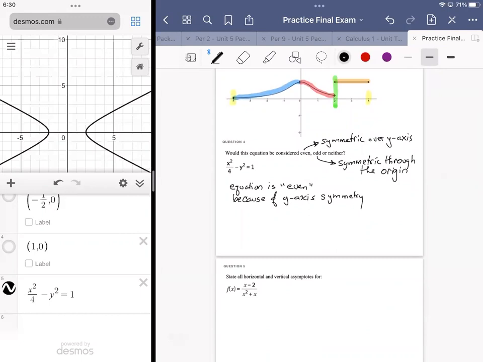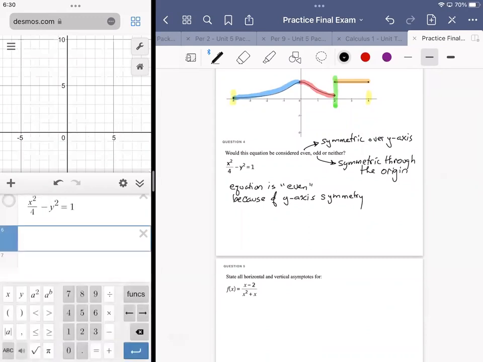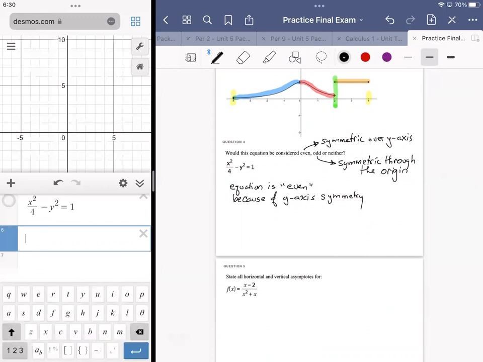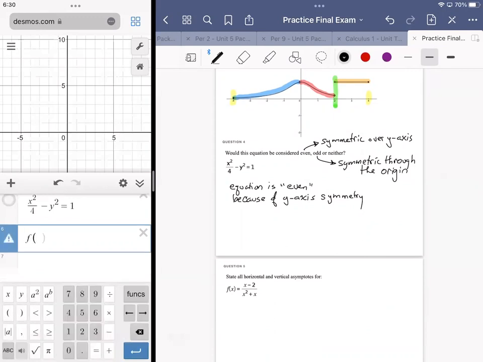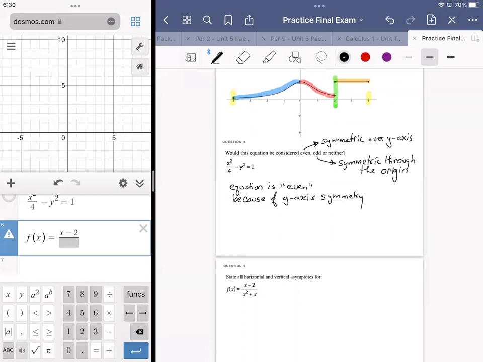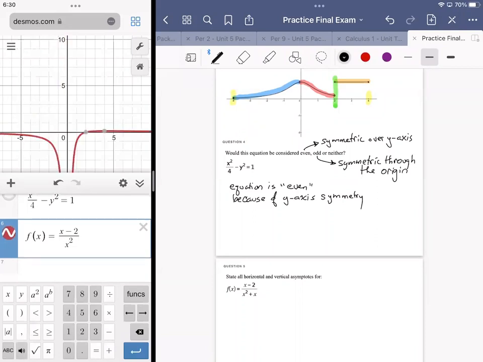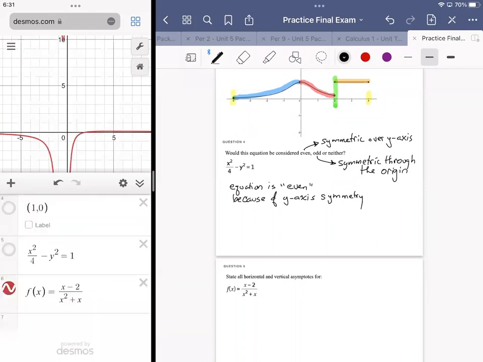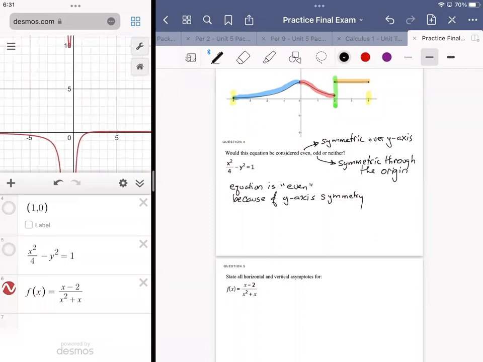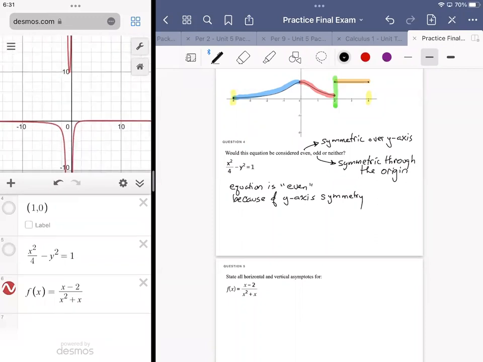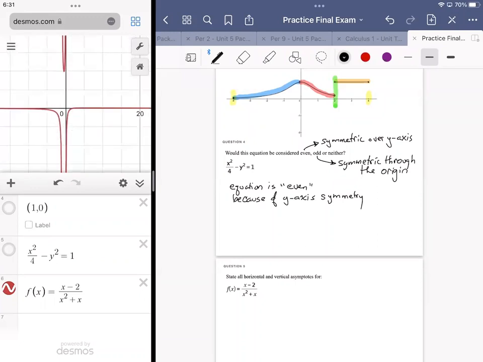Number 5 is asking for horizontal and vertical asymptotes. So create the graph. If you could pick it up from the graph, then you're in good shape. If you can't, then you do it algebraically, but the hope is that you can pick it up from the graph. This one's kind of a funky looking graph, but I definitely see some vertical asymptotes.